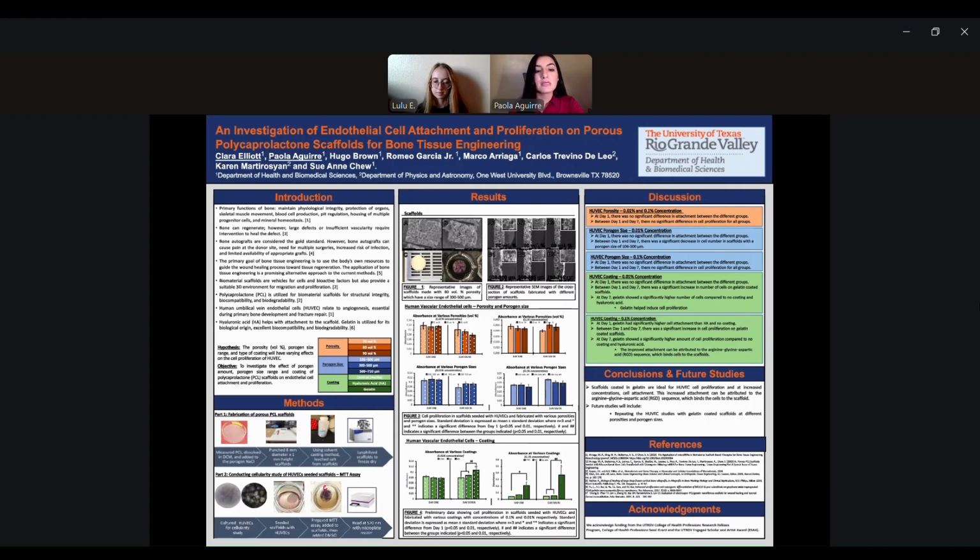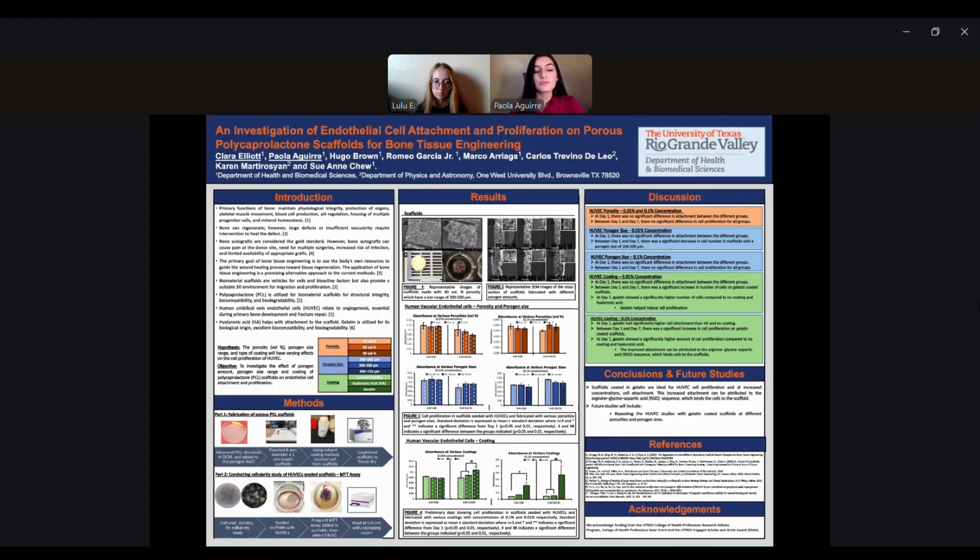We also test the porogen size, which is how big or small the holes are in the scaffold, and we have 106 to 300 micrometers, 300 to 500 micrometers, and then 500 to 710 micrometers. We also test different coatings on the scaffold. For control, we use endothelial media, and we also have hyaluronic acid, which helps with cell attachment to the scaffolds.